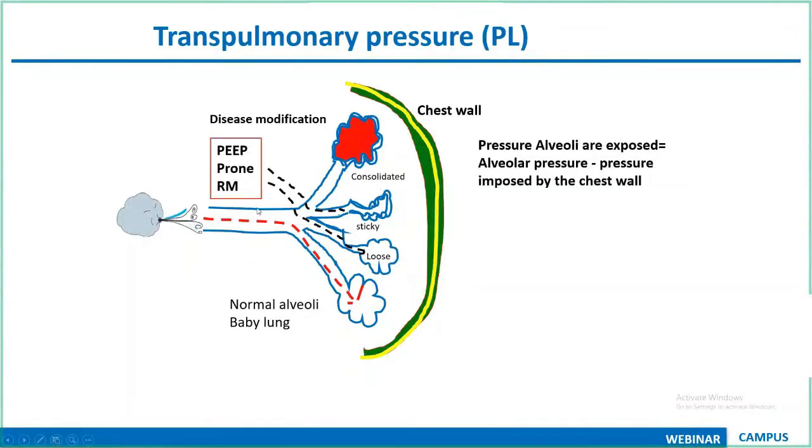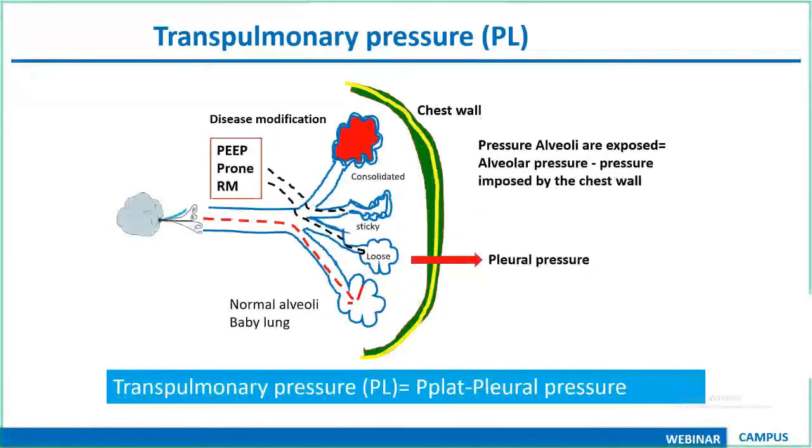So from the pleural pressure we can actually derive what is the transpulmonary pressure. So that will be the actual driving force. Okay, so the transpulmonary pressure is the plateau pressure minus the pleural pressure.